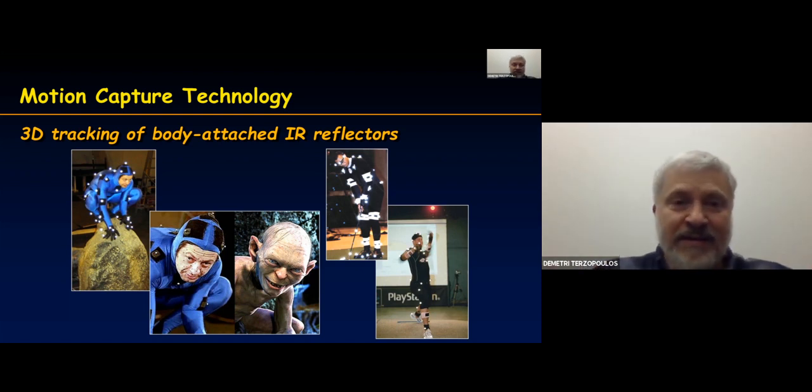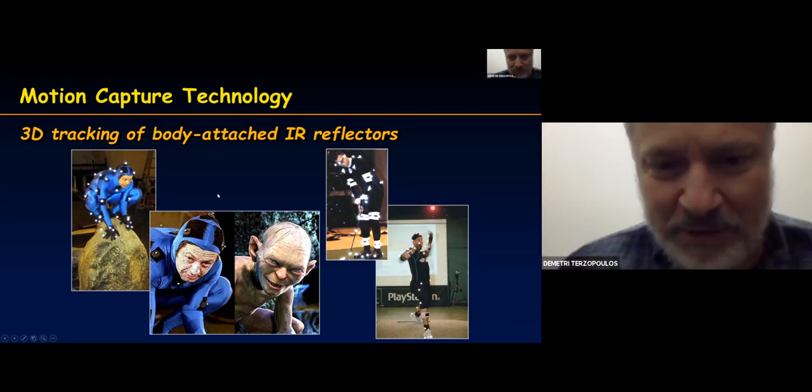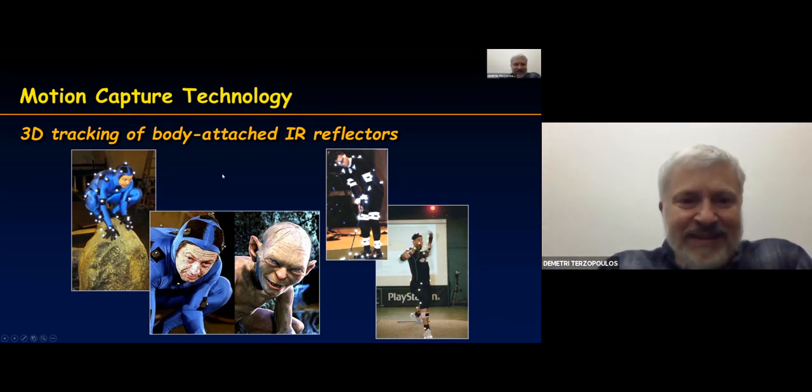State of the art today in motion pictures and games is motion capture technology. I'm sure many of you have seen it. Basically, you put a computer vision system to work on the human body.